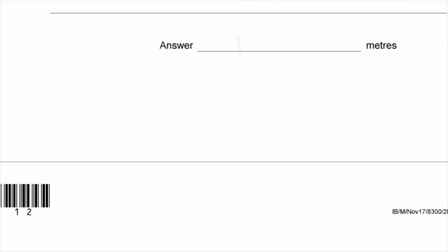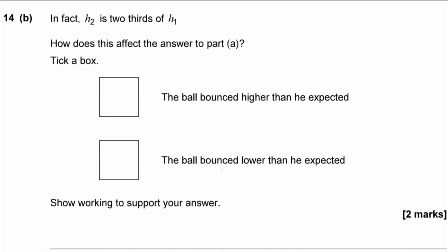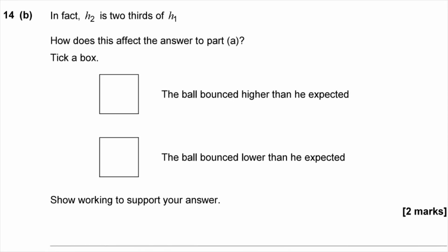Okay, so in fact h2 is 2/3 of h1. How does this affect the answer in part A? So rather than multiplying by 3/4 like we thought, we're now going to be instead multiplying by 2/3. Now, which is bigger, 3/4 or 2/3?